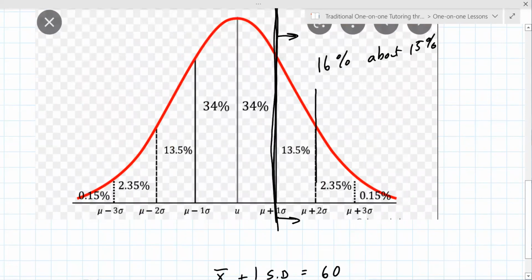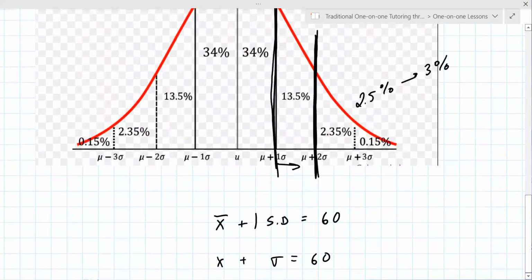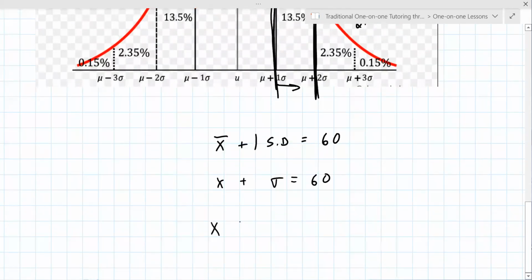Well, 3% is about 2 standard deviations away. I mean, it's 2.5%, which we're estimating to 3%. So the mean plus 2 standard deviations is 75. And this is a system of equations.